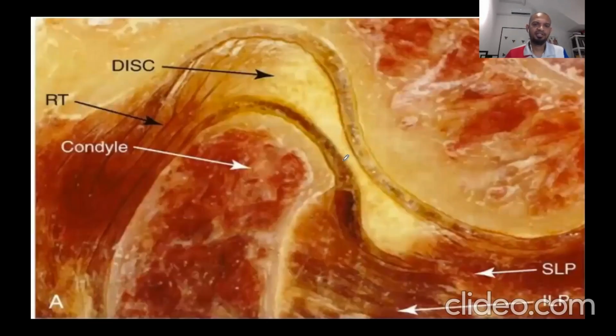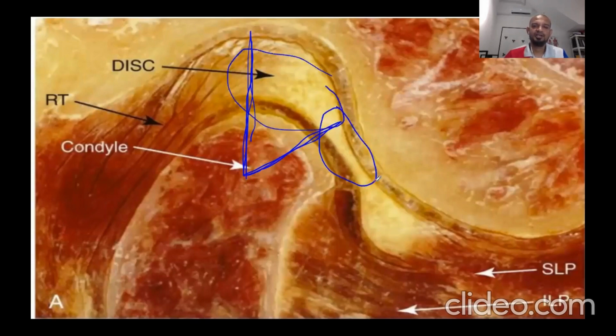Right. So again, here, this is a cadaveric view, and you can see that the apex is always around the posterior band, and then you have the superior anterior portion of the condylar head on the intermediate band. So this is the intermediate region, the posterior region, and the anterior region.